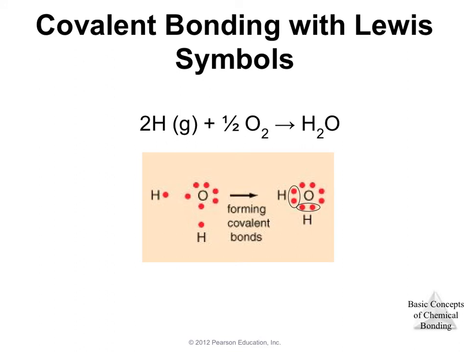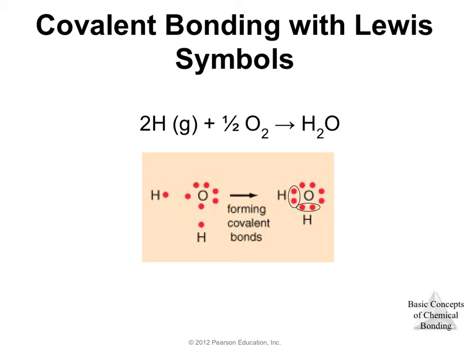So when we do covalent bonding, we can also symbolize it using the Lewis symbols or the dot diagrams. We have to do it slightly different than we did with the ionic though. So yesterday with ionic, we used arrows to show that the electrons are moving from one atom to another. But like we just said, they share.